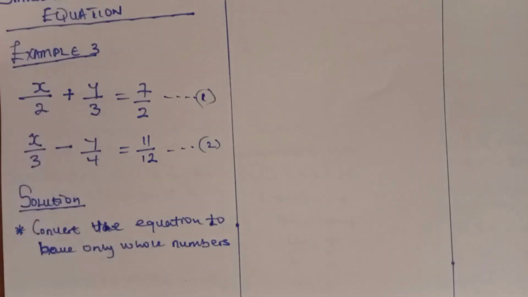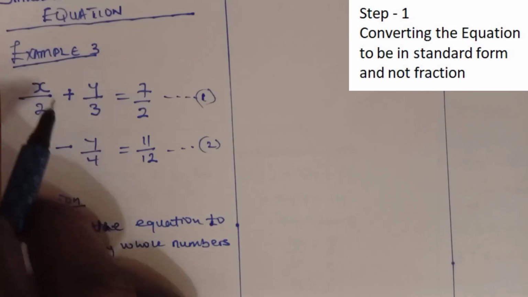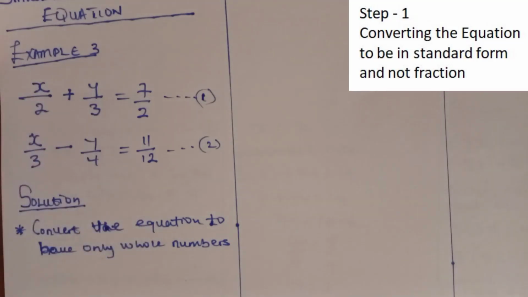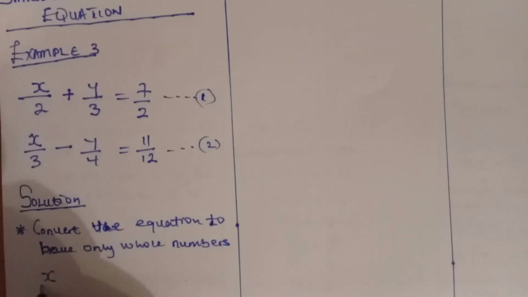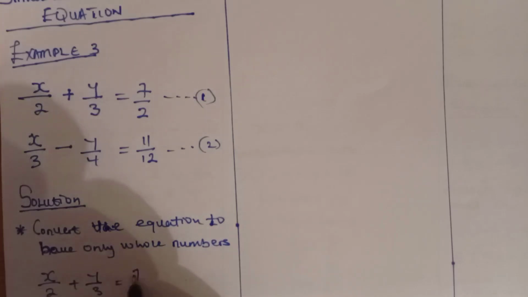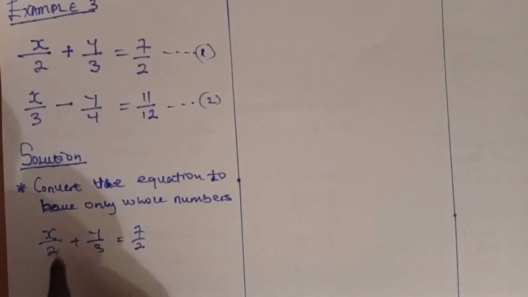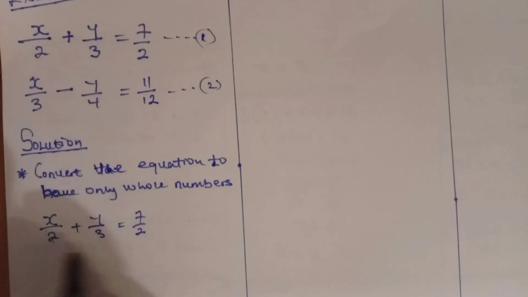By doing so, we're going to find the LCM of the denominators of the coefficients. So let's start. From equation 1, we have x over 2 plus y over 3 equals 7 over 2. So we find the LCM of 2 and 3.